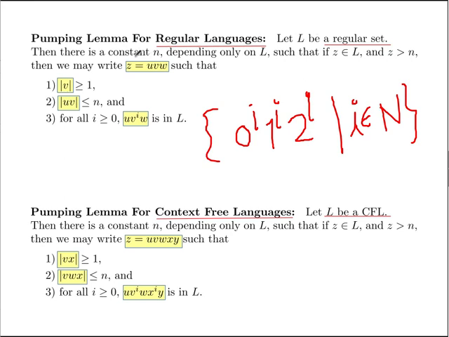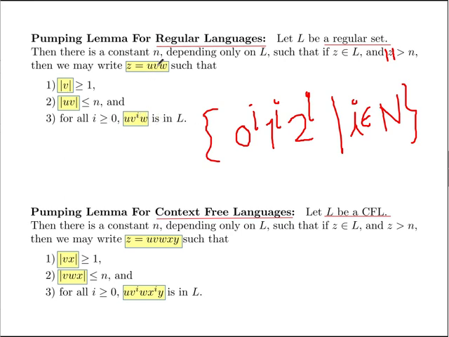So for any regular language L, we have this constant n, such that if you take some string z from L, with the size of z more than n, then we can write z as uvw, such that we can pump this part, this v, so we can have uv^iw, and this will also be in L for all i.